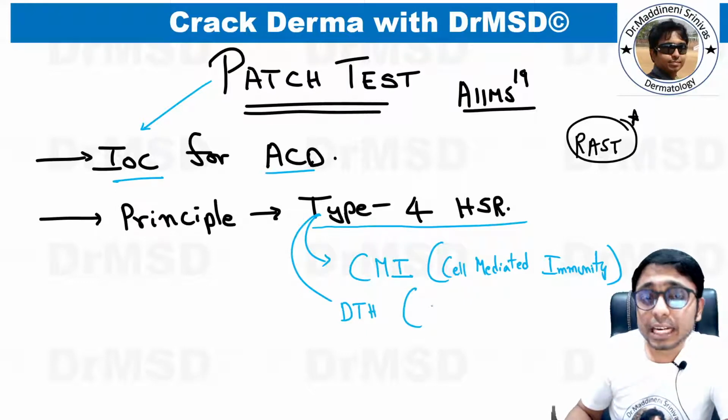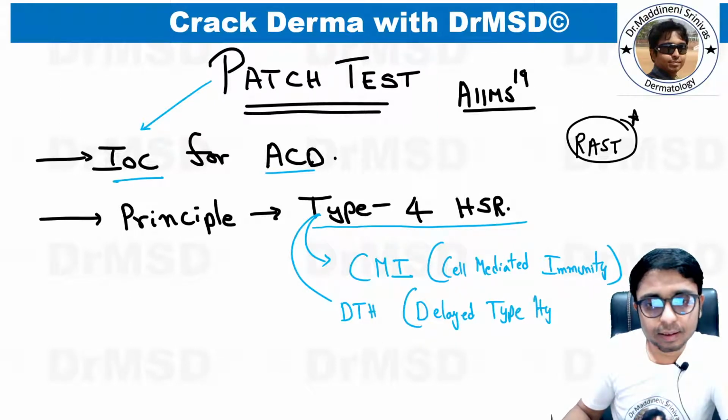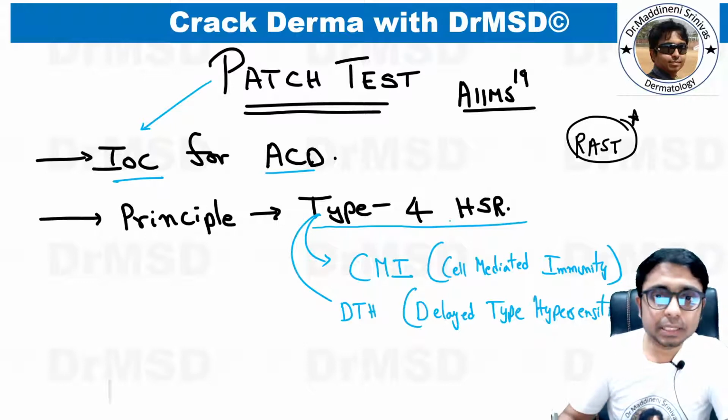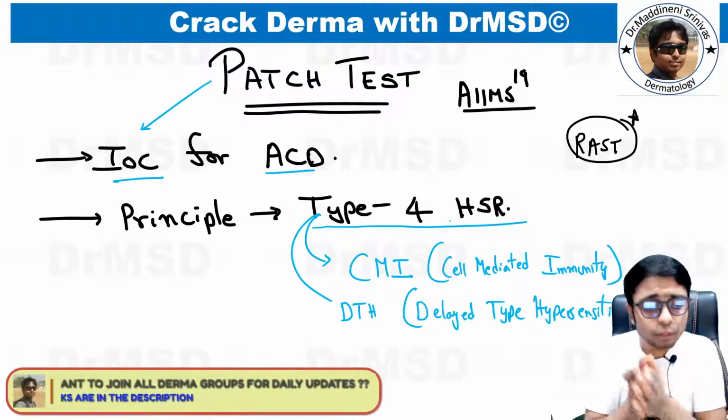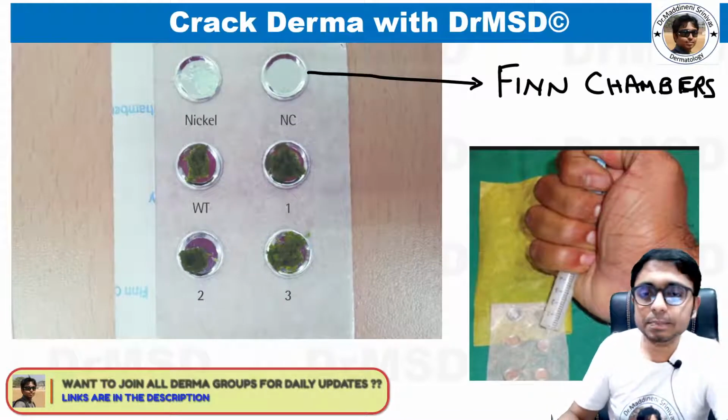And DTH stands for delayed type hypersensitivity. Delayed type of hypersensitivity. Very important. Other names of type 4 hypersensitivity reaction may also be mentioned in the question. So please make a note of this.